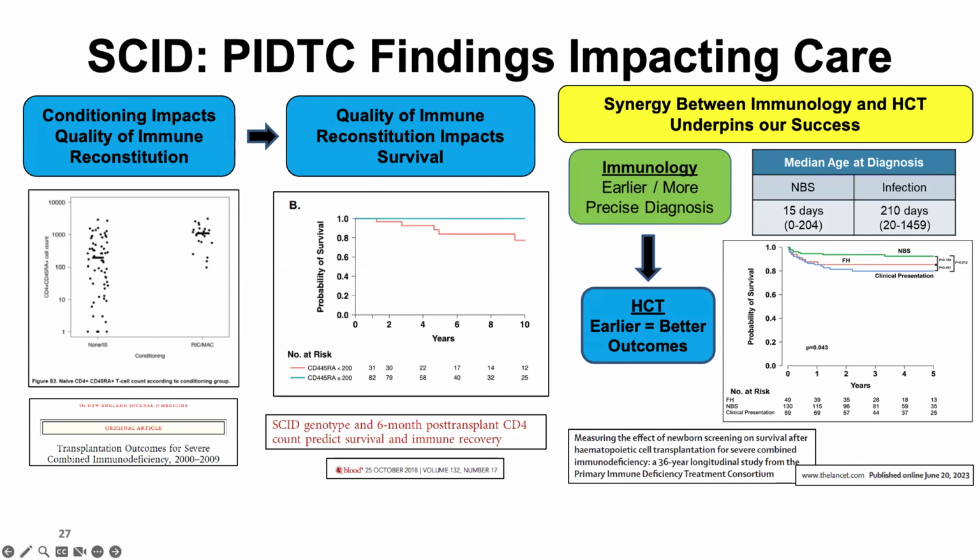And what's interesting is that SCID newborn screening has erased that difference in outcomes, because patients get detected universally early and get routed to an immunology center and the bone marrow transplant center where they can be treated. So it's pretty remarkable, the benefits of newborn screening for this disease.